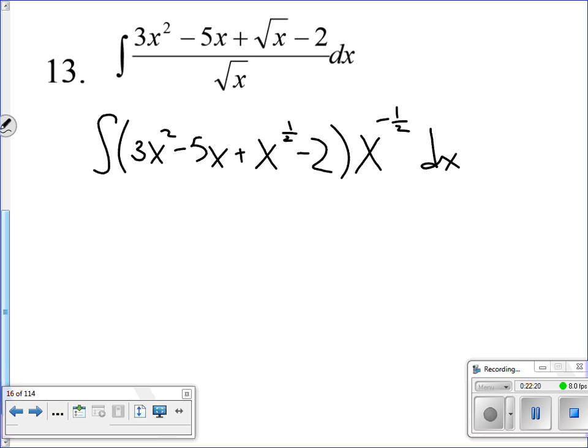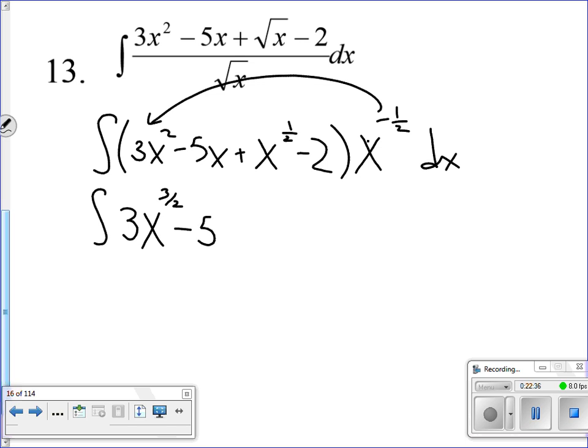When you multiply with the same base, you add exponents. So when I distribute, the first term is 3x to the, when you add 2 and negative a half, you get 3/2. So 3x to the 3/2. Minus 5. If you add the 1 and the negative a half, you get positive 1/2. So 5x to the positive half.